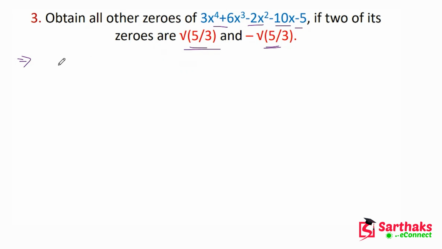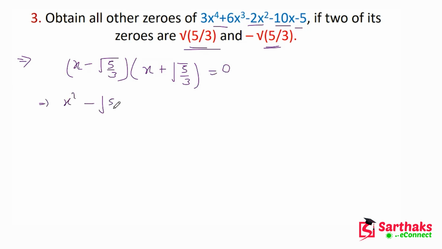Okay, so with the help of this, we can write it as x minus under root 5 upon 3 into x plus under root 5 upon 3 is equal to 0. Then we get x square minus under root 5 upon 3, okay, is equal to 0.